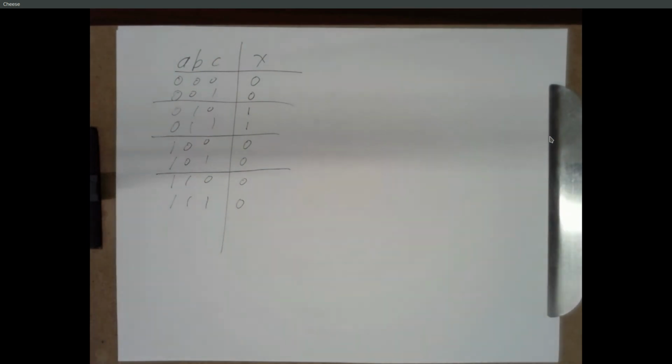So fill this truth table out. So your second and third terms are 1s, everything else is a 0.